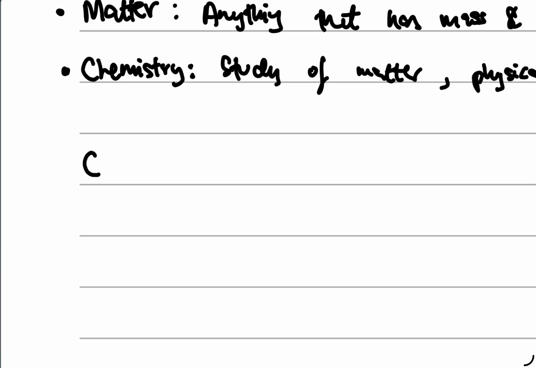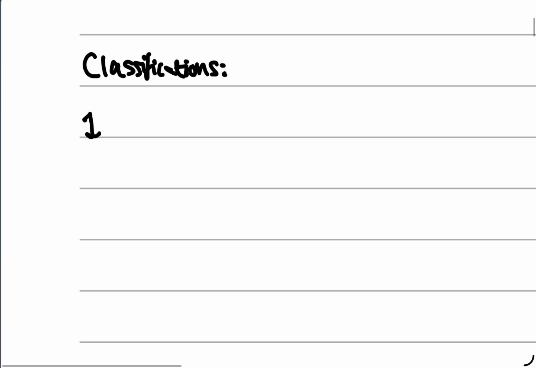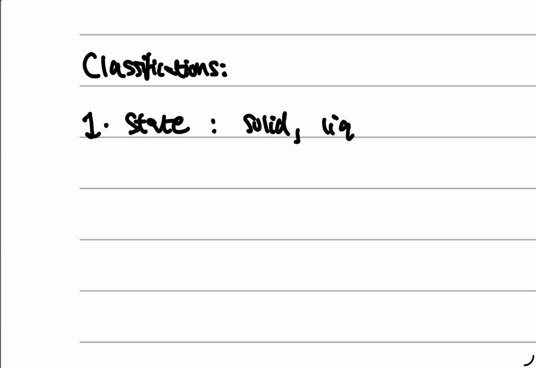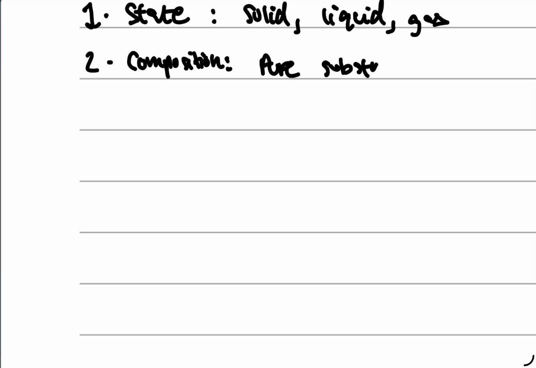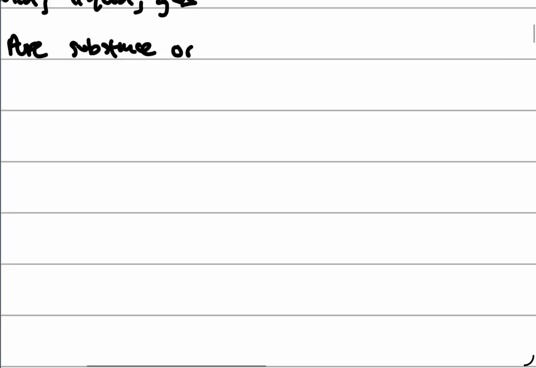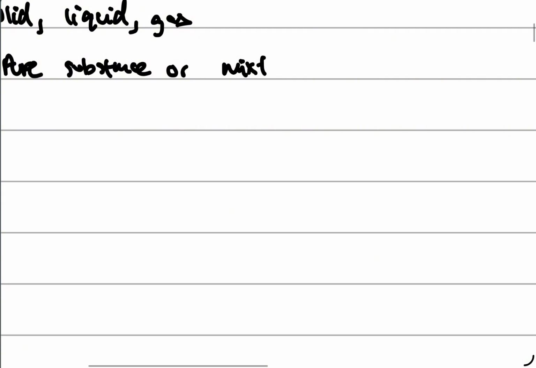Now the classifications that we commonly refer to are, one, state, that is your solid, liquid, or gas, and secondly, your composition. So that would be a pure substance or it would be mixtures.